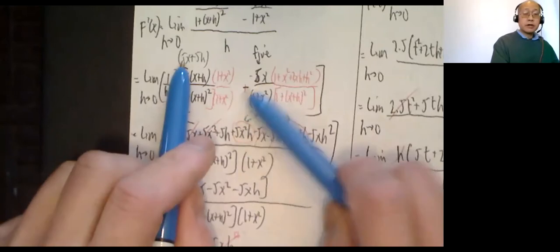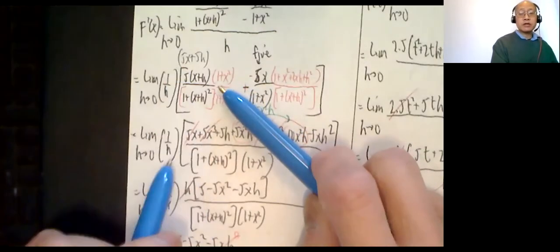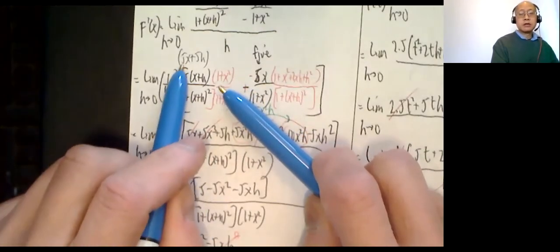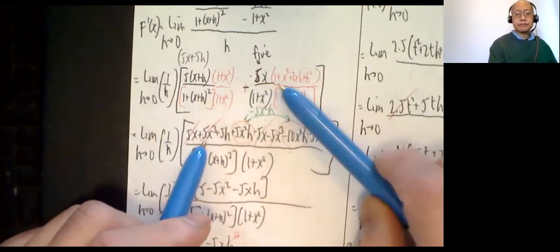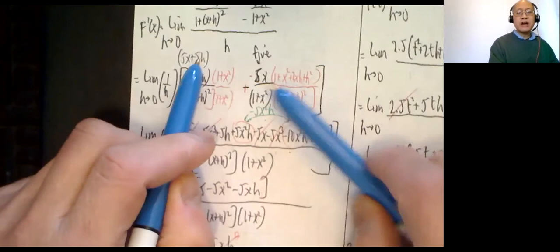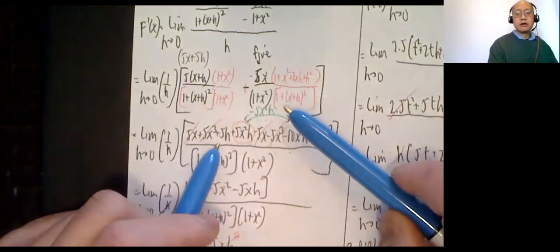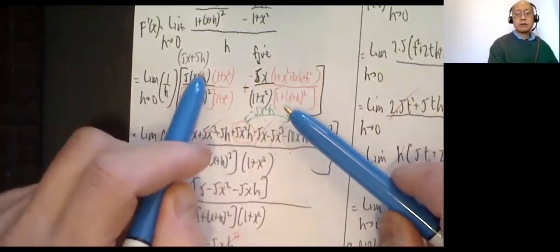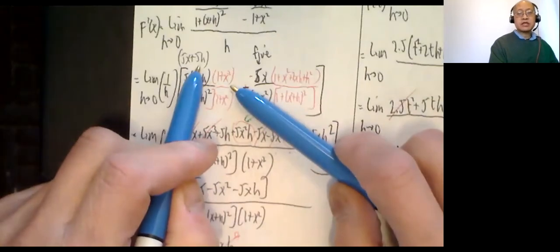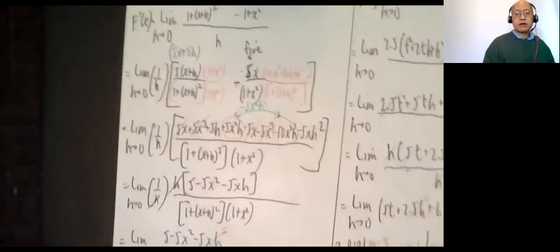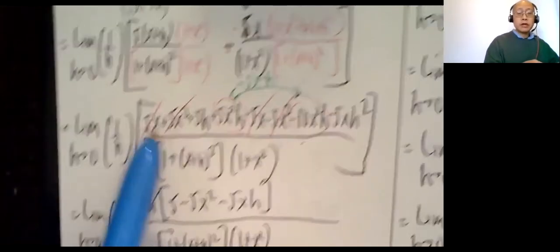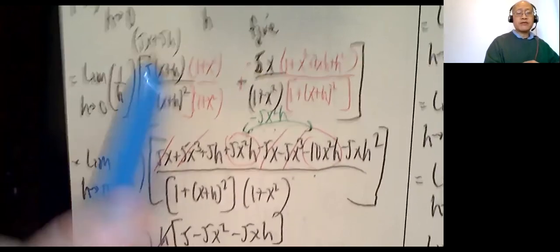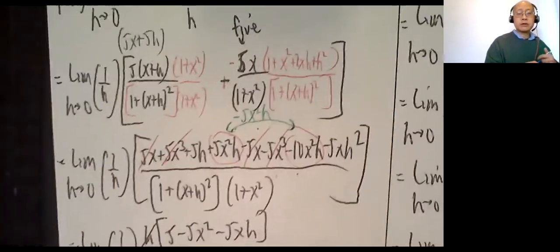Now I'll FOIL here. 5x times 1, 5x. 5x times x squared, 5x cubed. 5h times 1, 5h. 5h times x squared, 5x squared h. And I'll raise it up again. So these 4 right over here are from FOILing out 5x plus 5h times 1 plus x squared.